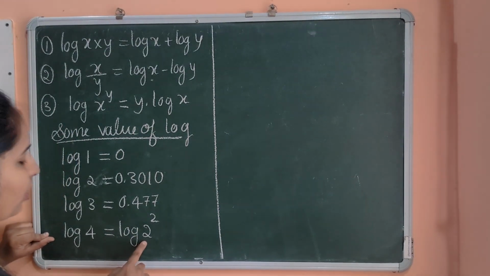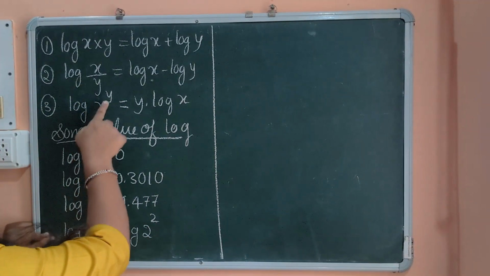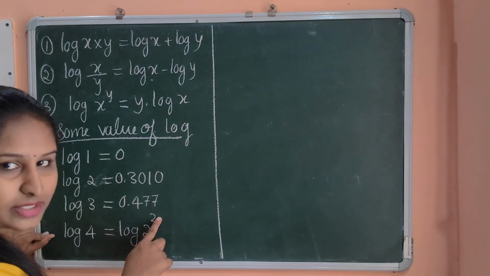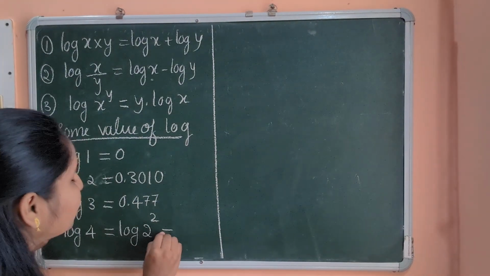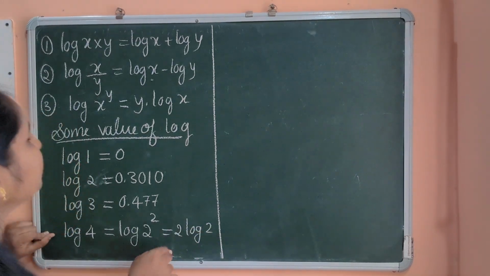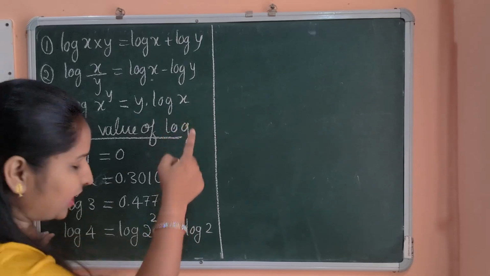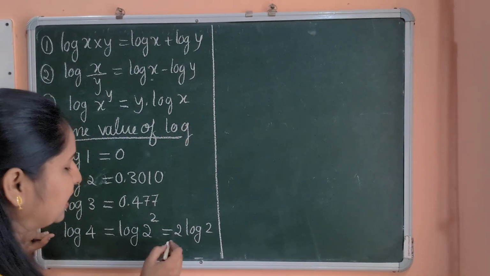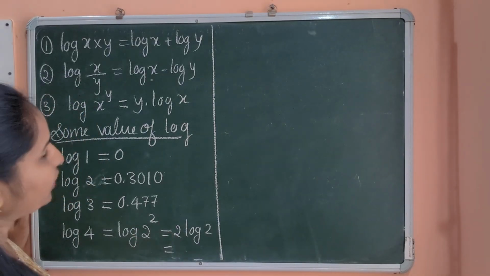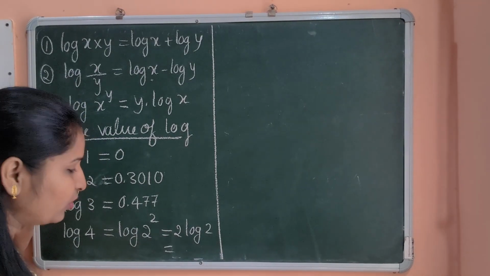Log 2 squared is of the type log x to the power y, so it can be calculated as 2 into log 2, because log x to the power y is y into log x. That's why 2 log 2. In case you have forgotten the values, then easily you can do it like this within a fraction of a second.